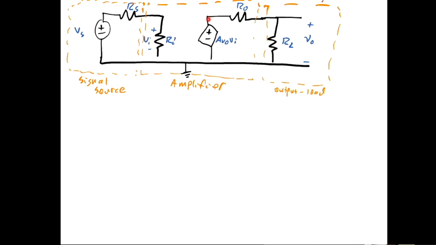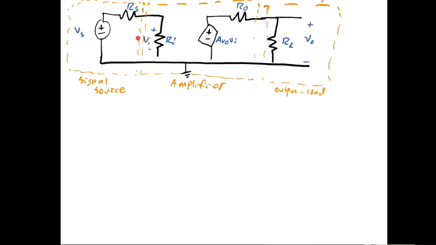And to find the gain, what we want is an equation for V naught or V out in terms of everything over here on the other side, which is all related to Vs. It may become Vi, things like that, but we want some equation V out in terms of Vs. So the way to find that is break it apart.